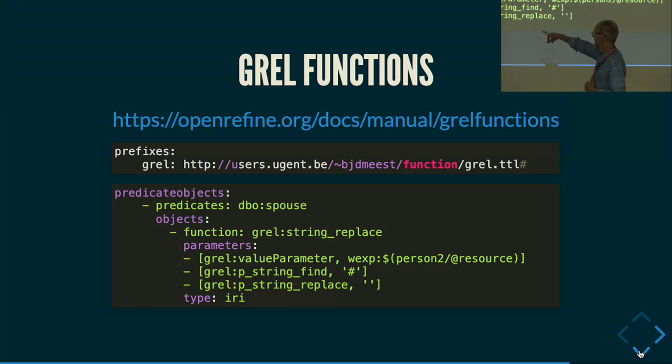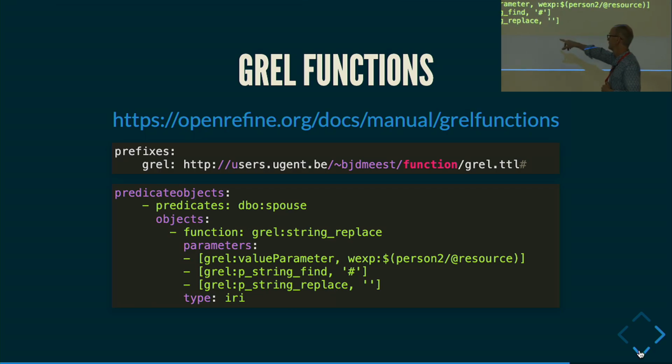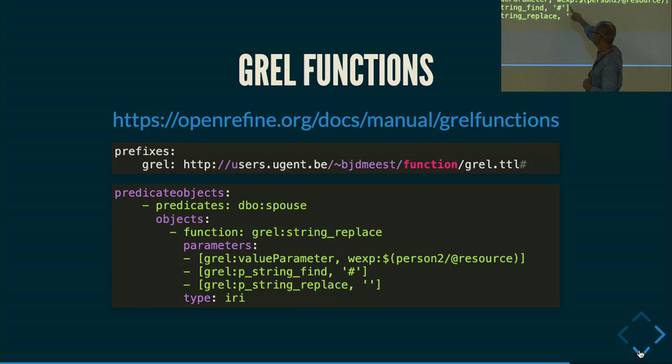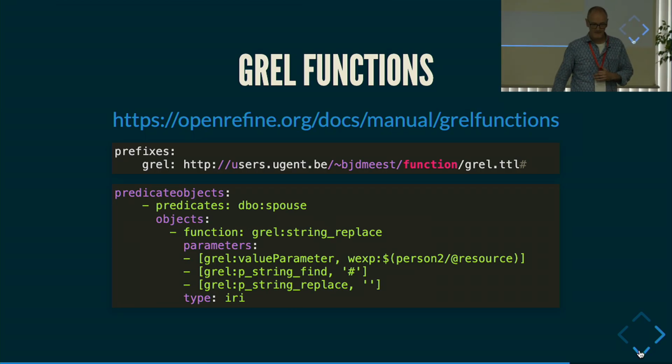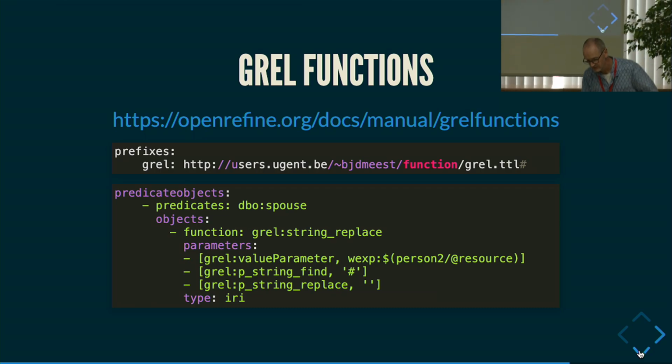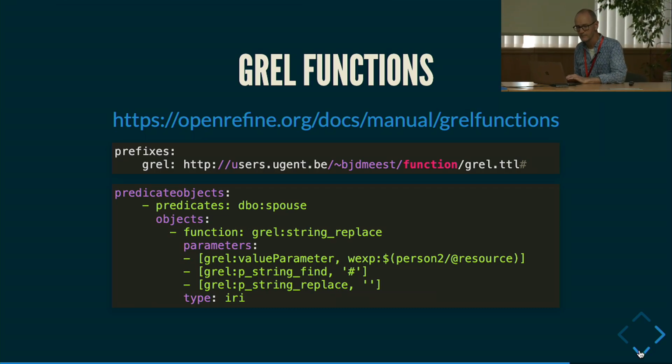Then you pass in the parameters, and you say what you want to get back, which in this case is an IRI. This is a very simple function. All I'm doing is a string replacement. It happens that they put a hash in front of the ID, which I don't want, so I'm removing the hash and replacing it with nothing. So there's lots of possibility to manipulate the data using functions.